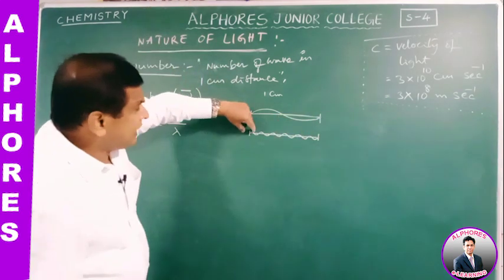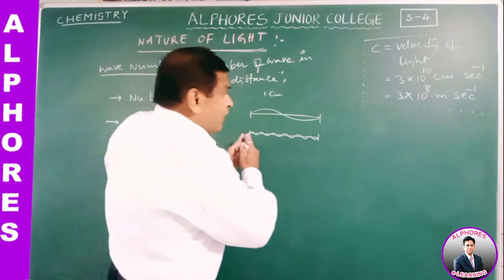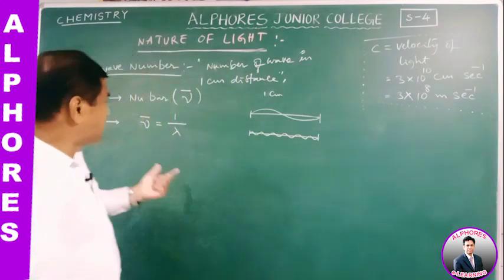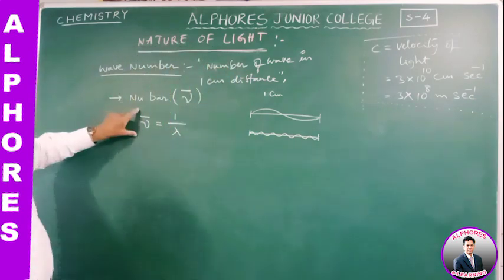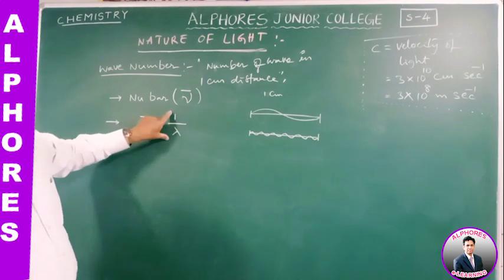So now wavelength is less, so therefore wave number will be more. That is why we can say wave number is reciprocal of wavelength.